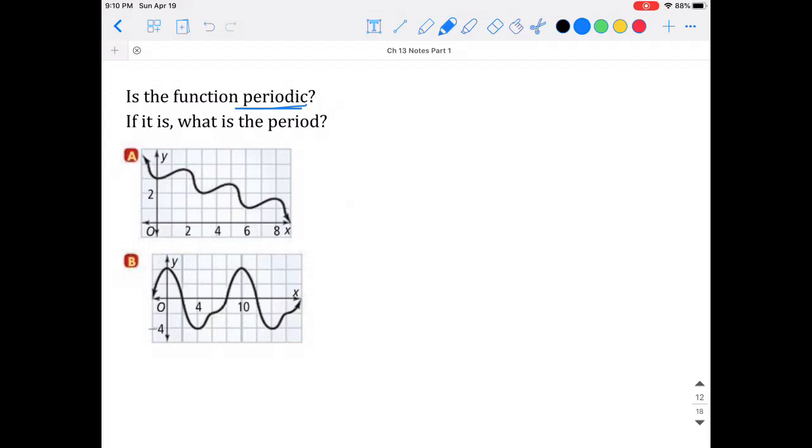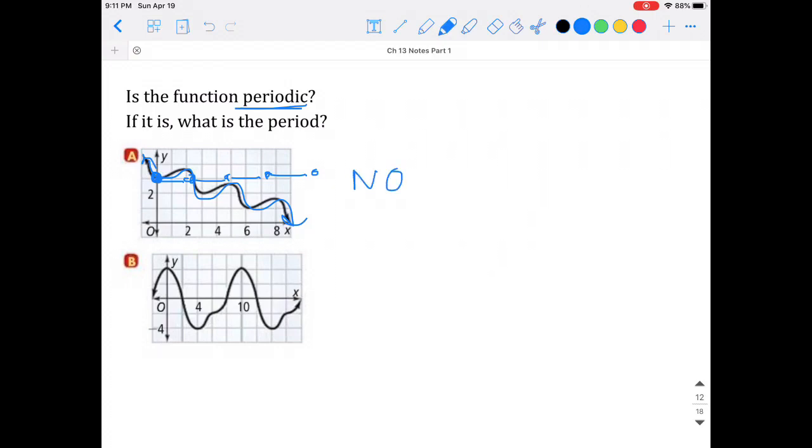Say on our graph of A, we start at a y value of 3. For this function to be periodic, our graph would have to hit 3 again and again in a pattern, but you can tell that is not happening. Our graph is decreasing as it goes, so this function is not periodic.